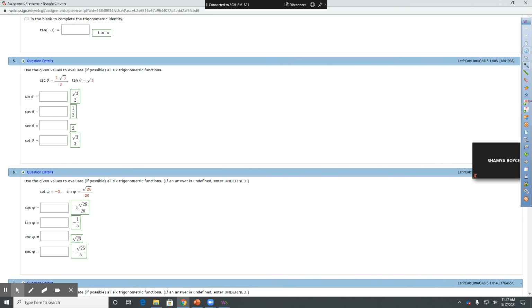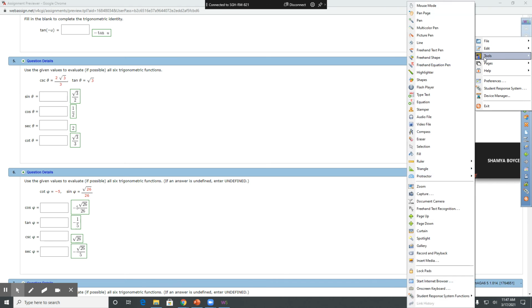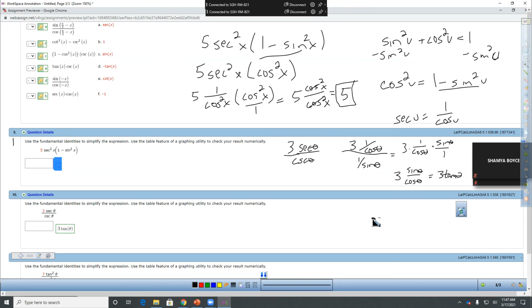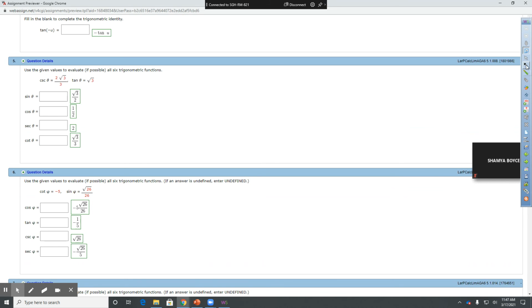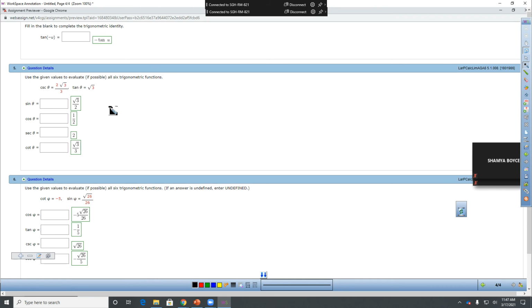All right, let's look at this one right here. They tell us cosecant of theta is equal to 2 square root of 3 over 3. And they also tell us tangent of theta is equal to the square root of 3.